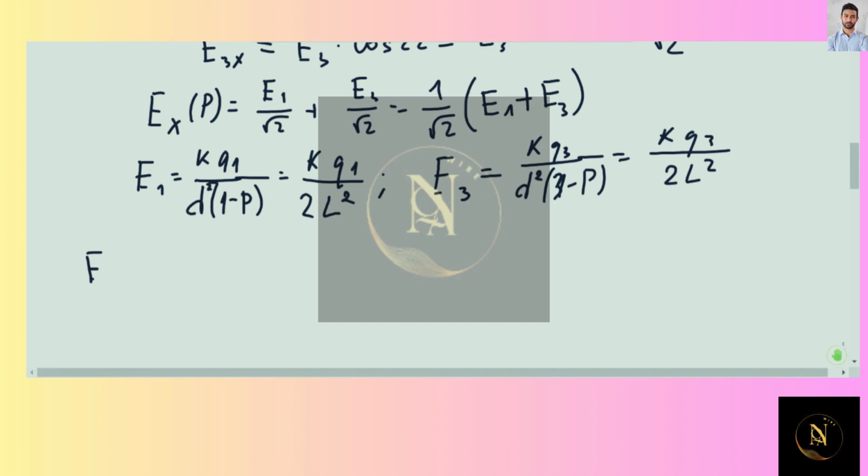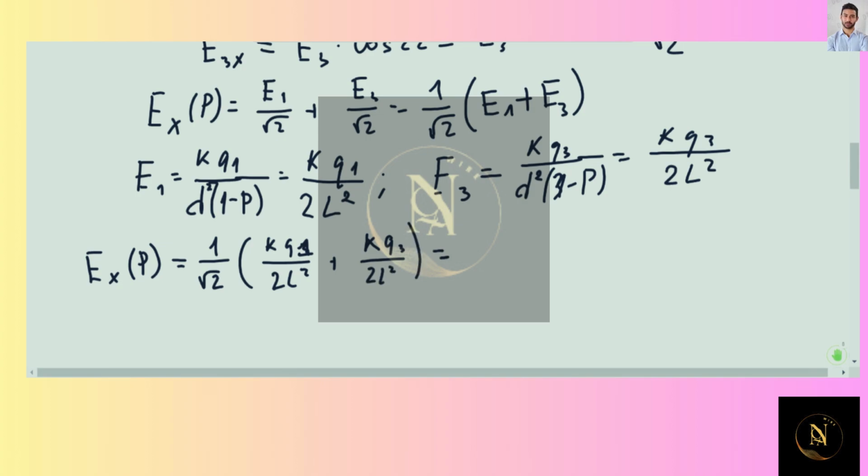Ex at point P equals 1 over square root of 2 multiplied by the sum of KQ1 over 2L squared plus KQ3 over 2L squared.